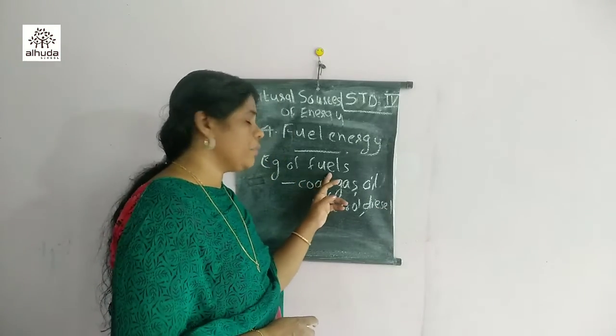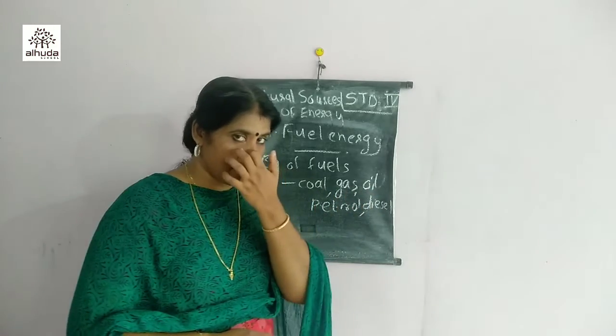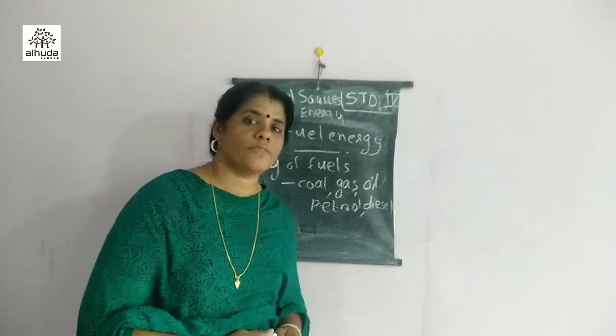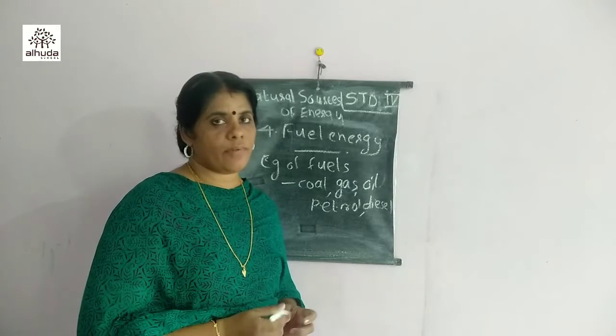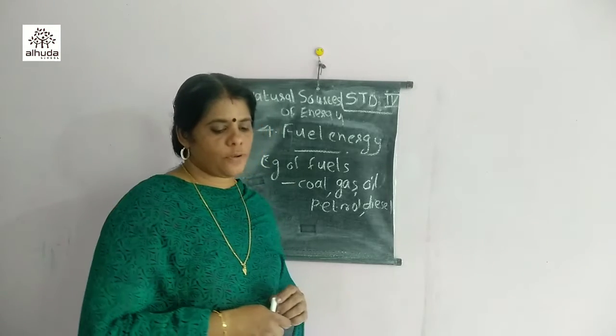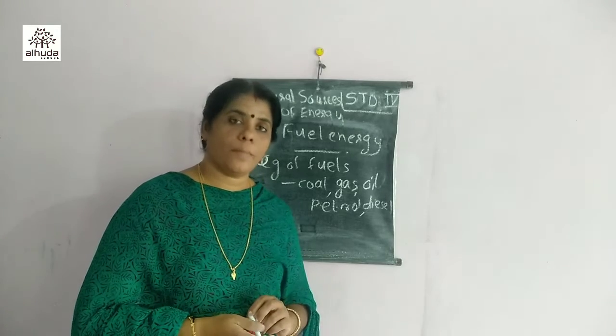When they are burning, they produce energy. These fuels also produce electricity, that we call fuel energy. This fuel energy is used for running vehicles and many machines. These fuels are also used for cooking food, running vehicles and for many other purposes.